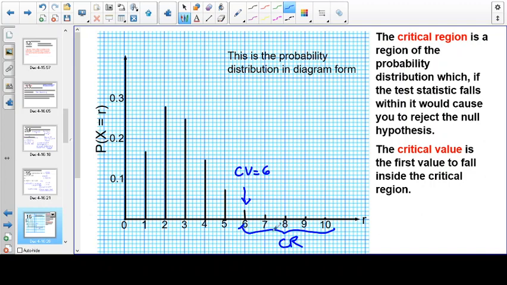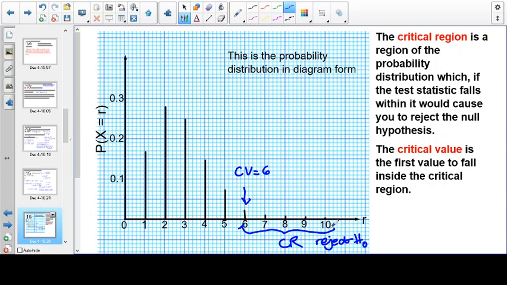So when you want to work out your critical region, it's really this critical value that you're trying to work out. Within here, we would reject H0. Now in some questions, they will ask you to work out the critical region, and then give you a test statistic. In that case, all you would then do is say whether your test statistic lies in your region or not.